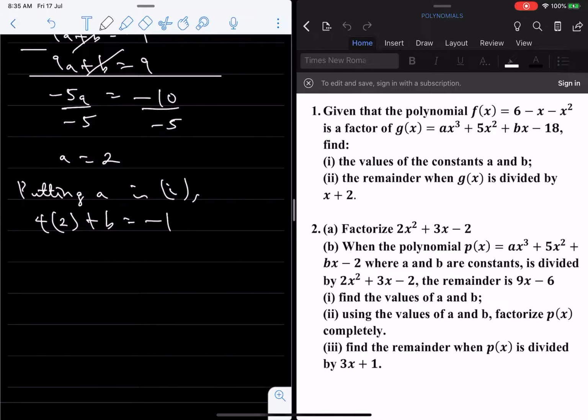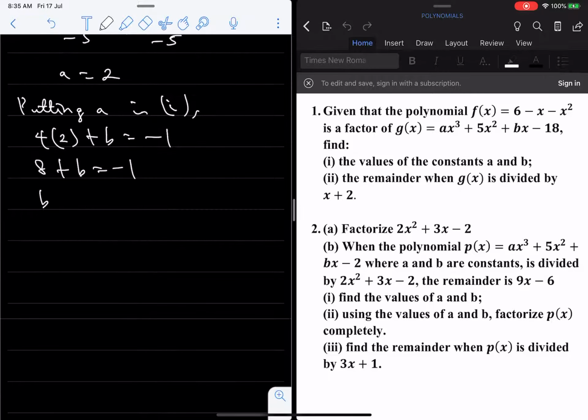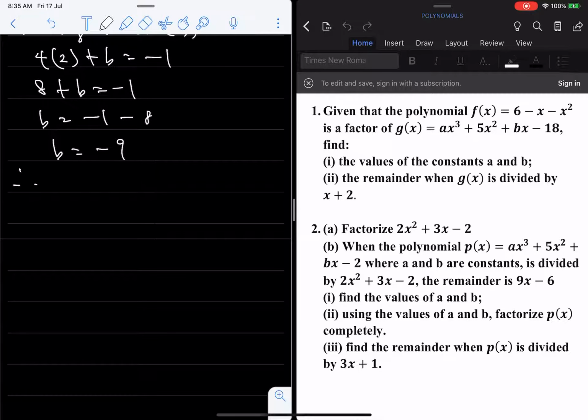And that simply means 8 plus b equals minus 1. And that means b equals minus 1 minus 8, which means b equals minus 9. Therefore, a equals 2 and b equals minus 9. Those are the values of the constants a and b.